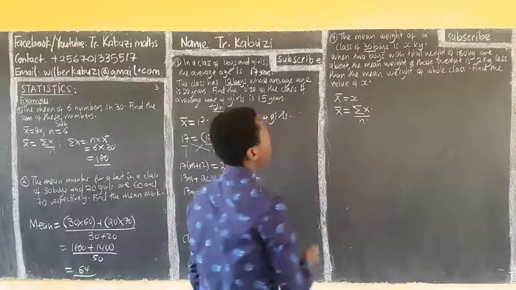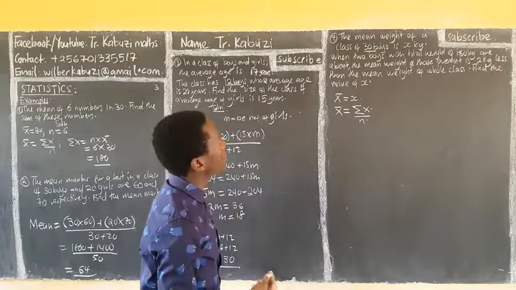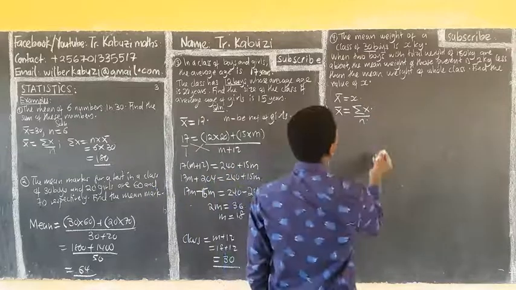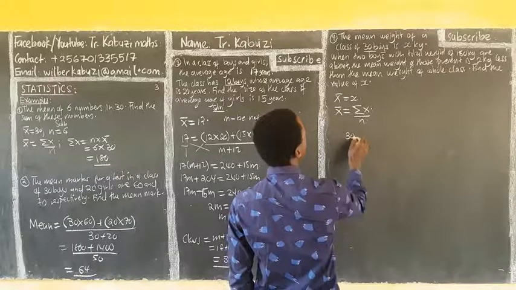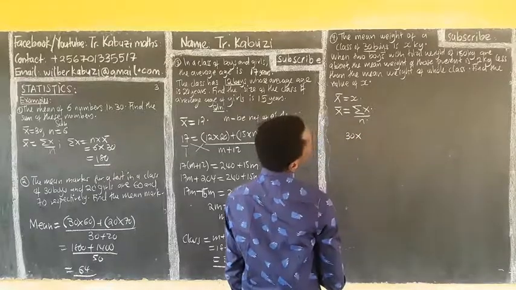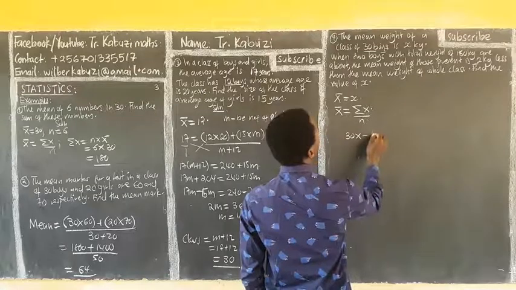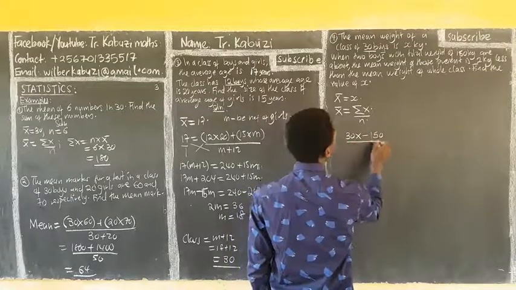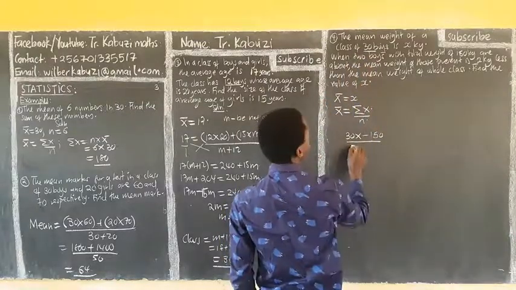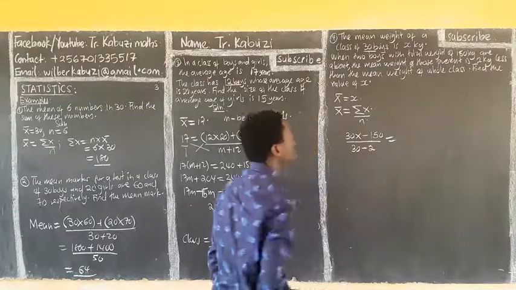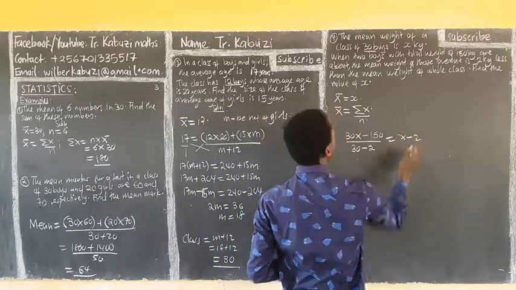So I'm going to get the 30 boys times the average weight, then minus 150 kilograms, over 30 minus the 2 boys who are absent. The mean weight is going to be x minus 2.